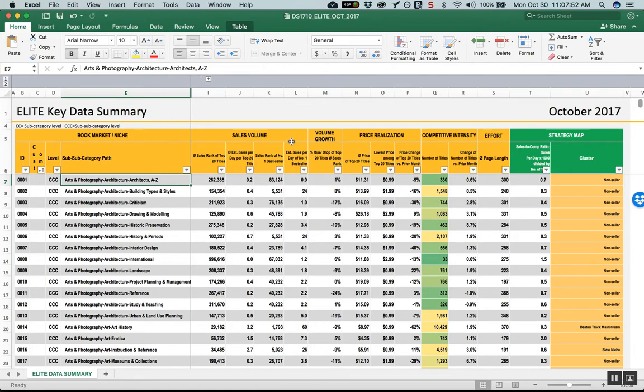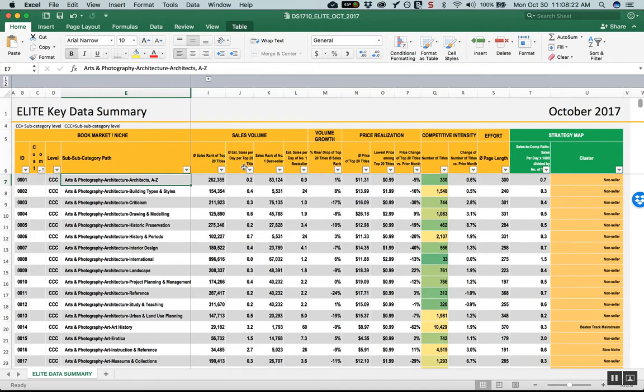All right, so now we're going to move to the next section, which is sales volume. Sales volume is where we end up focusing a lot of our attention, along with competitive intensity, effort, and some others. When you are looking at these four tabs, what they simply mean is that you're going to be looking at sales rank for the top 20 titles in whatever category that is for this column.